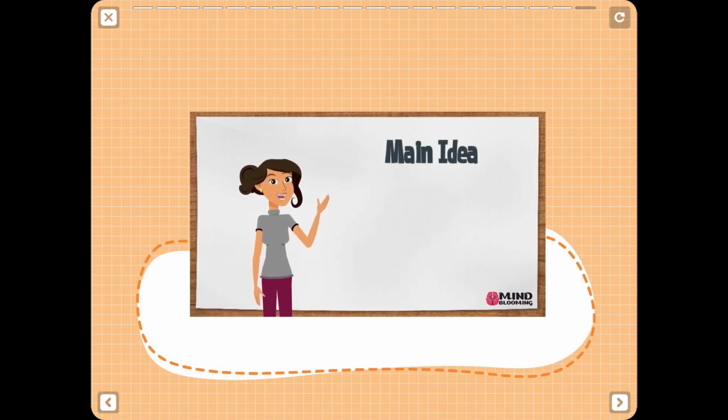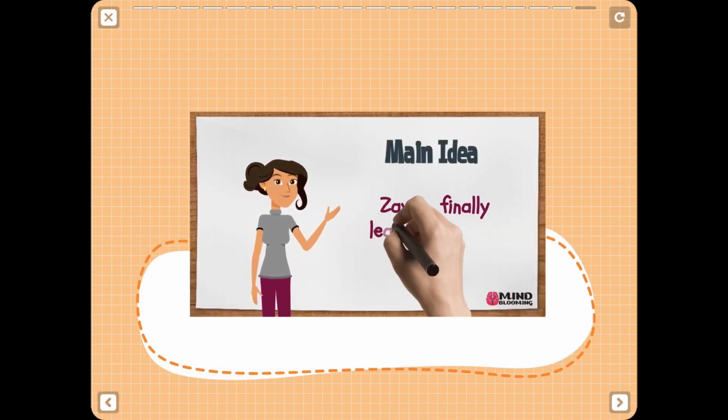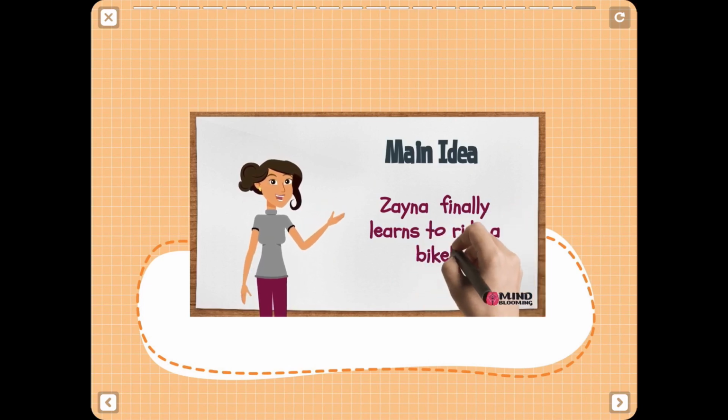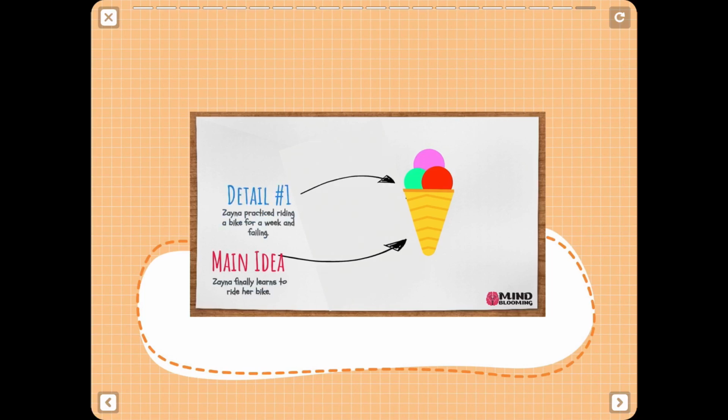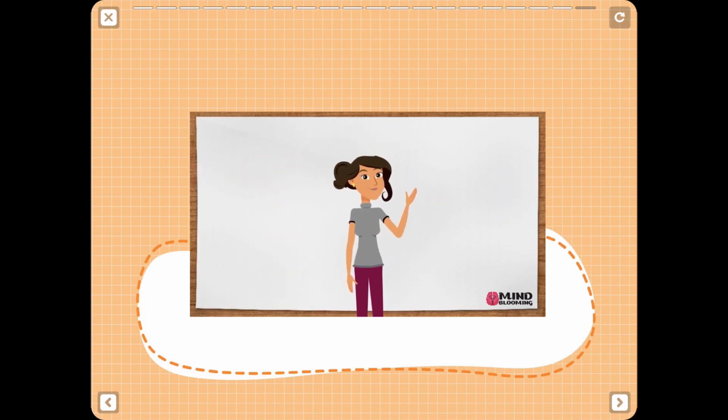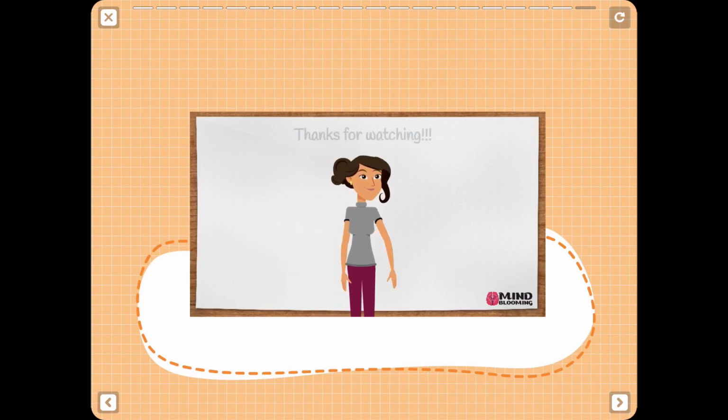So the main idea would be that Zaina finally learns to ride a bike. If I try to use the ice cream cone model on this story, it will help me organize the story. It will help me see that the main idea is what the whole story is about, and that things like Kim is Zaina's neighbor are just details in the story. Remember that before finding the main idea of a story, we have to read it and understand it first. Thanks for watching.